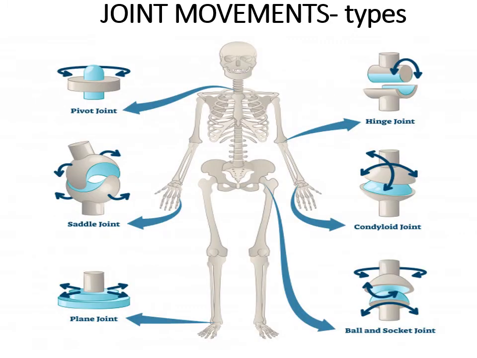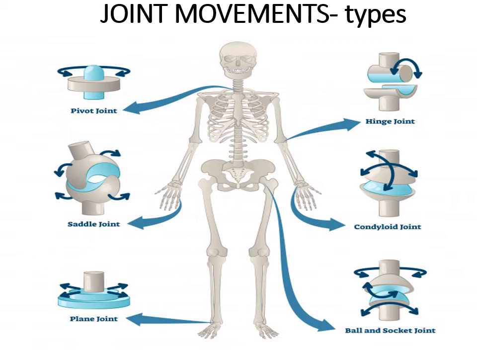These are showing you six types of movements of joints, and the movement of a joint just depends on which joint we're talking about. If we look at the hip joint, that's a ball and socket joint. The shoulder joint, by the way, is also a ball and socket joint.